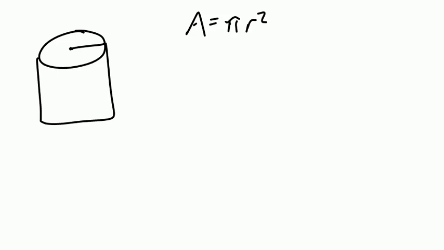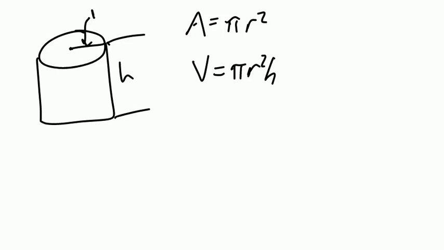Now if we take our cylinder and we add another dimension to it, the volume equals pi r squared and multiply by the height. So make this h, and of course this one here is r. So let's see what that looks like in a problem.